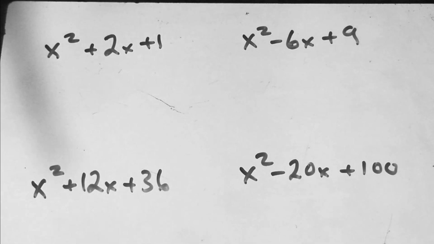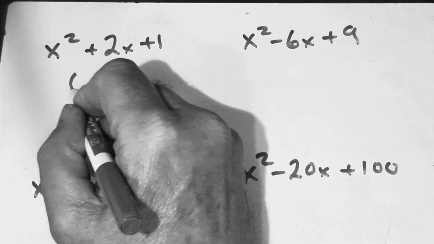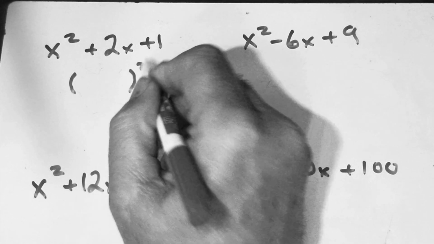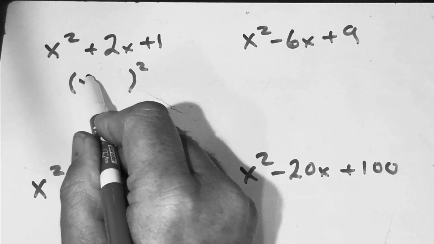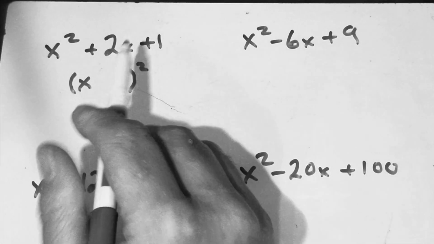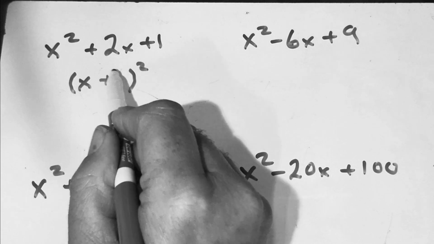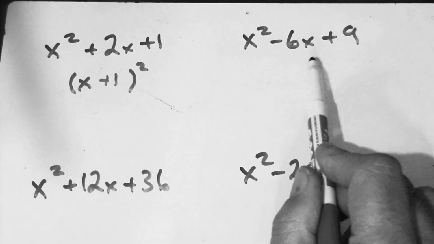Now here's the shortcut to factoring a perfect square. Once you recognize it, now you know it came from something being squared. And so to get x squared, you square x. And then you just take half of that middle and you put it in here. So let me explain that again. You know it's a perfect square.